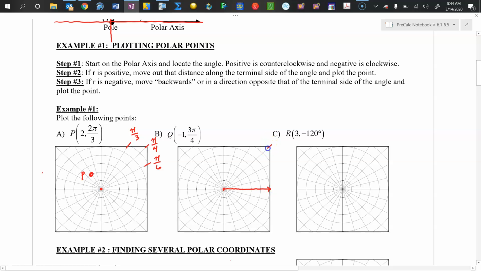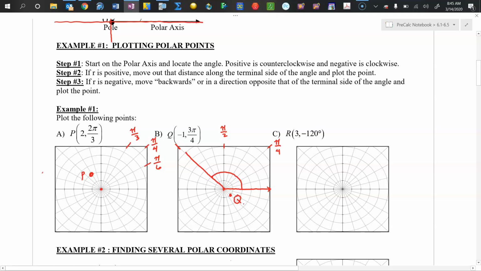We are going to rotate to an angle of 3 pi over 4 or 135 degrees and stop there, draw in our terminal side, but then instead of moving 1 in the direction of 3 pi over 4, we're going to move 1 in the opposite direction because of the negative directed distance, and we're going to label that point Q.